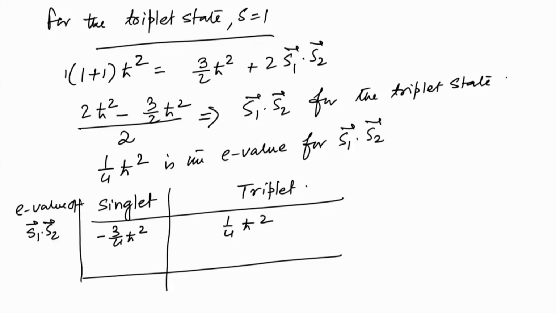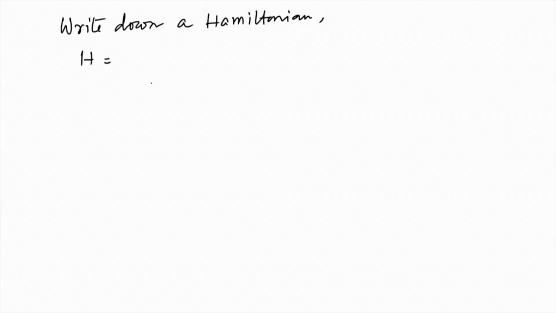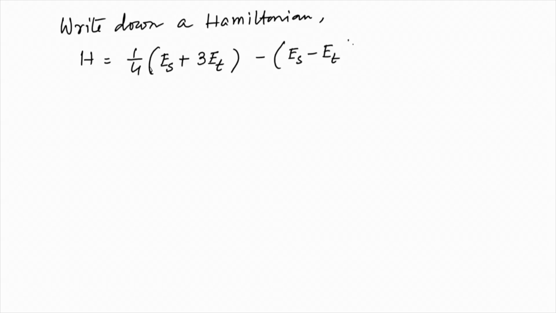Now, if we write down a Hamiltonian, H equal to 1/4 (E s plus 3 E t) minus (E s minus E t) S1 dot S2.